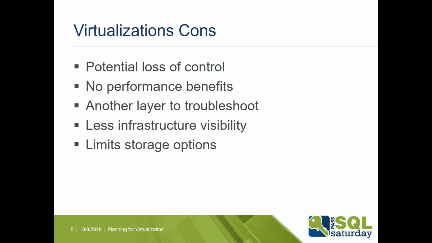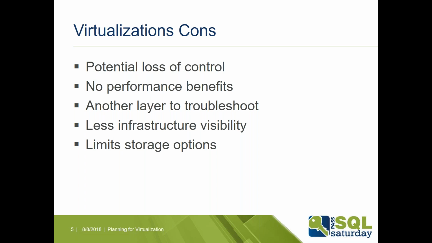It's yet another layer that you need to troubleshoot as a DBA when there's a performance issue, and things are already complex enough. Now we have to worry about things like virtual NUMA, as well as physical NUMA. We need to worry about whether our hosts are over-provisioned. It's just yet another layer where problems could be introduced. Potentially less visibility into the infrastructure, and it also limits our storage options.